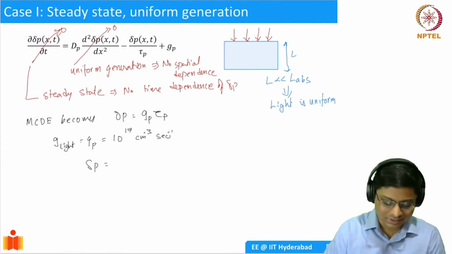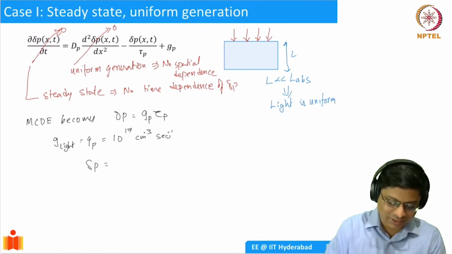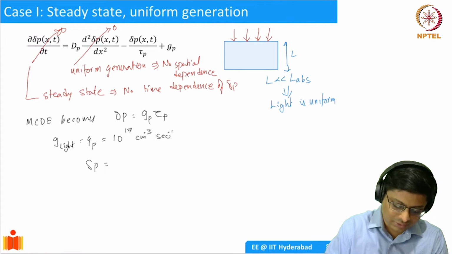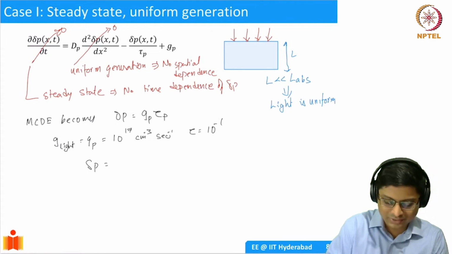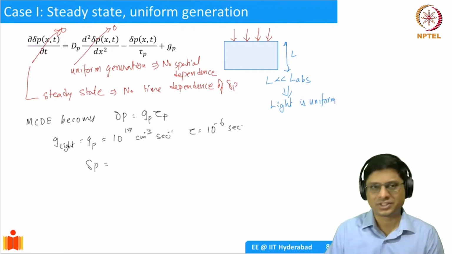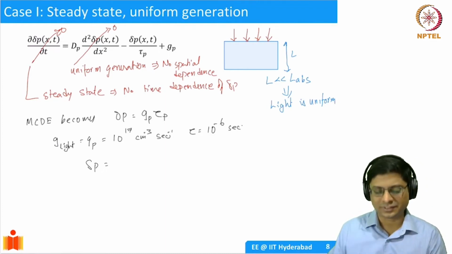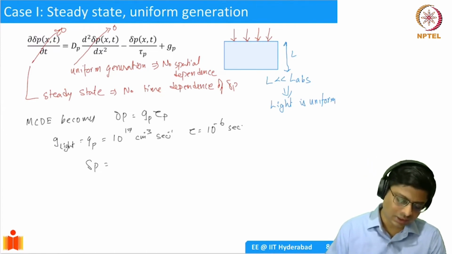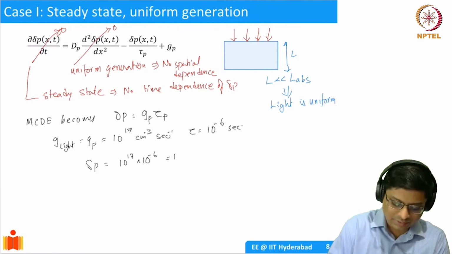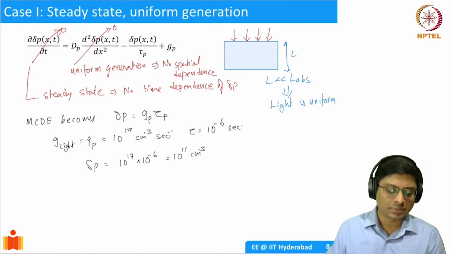So I also have to tell you what tau is. Let's say tau is 10 power minus 6 seconds. This is a kind of large number, I would say; typically the lifetime is going to be smaller. Then this will be 10 power 17 multiplied by 10 power minus 6, so you have 10 power 11 per centimeter cube.